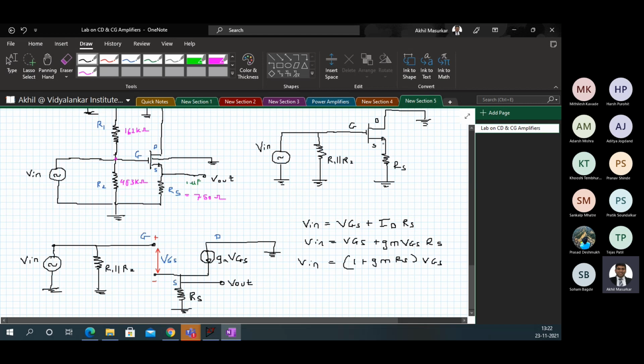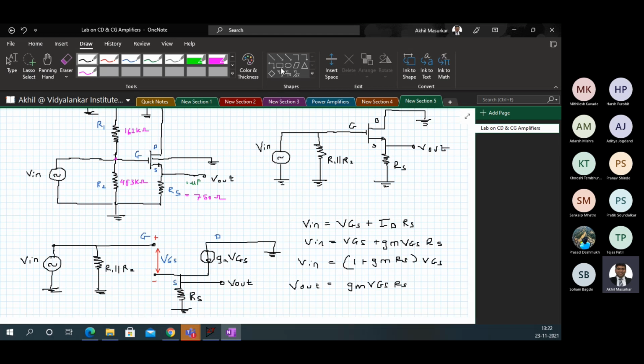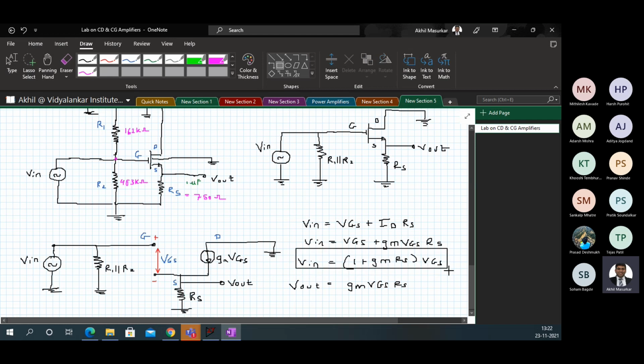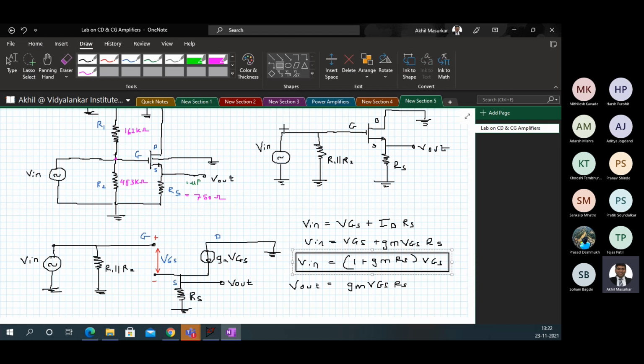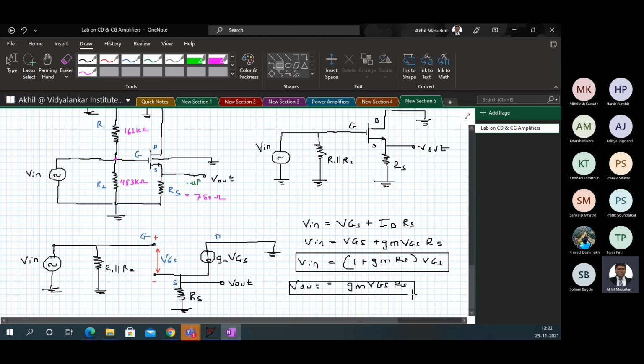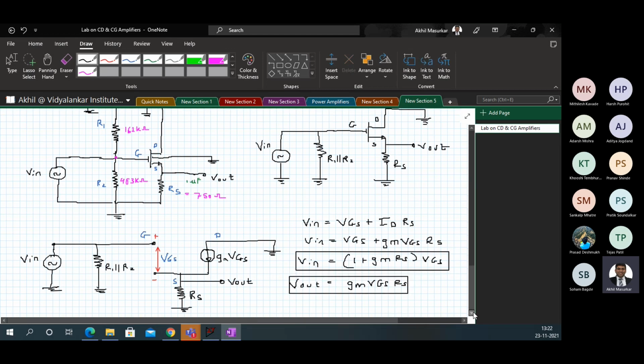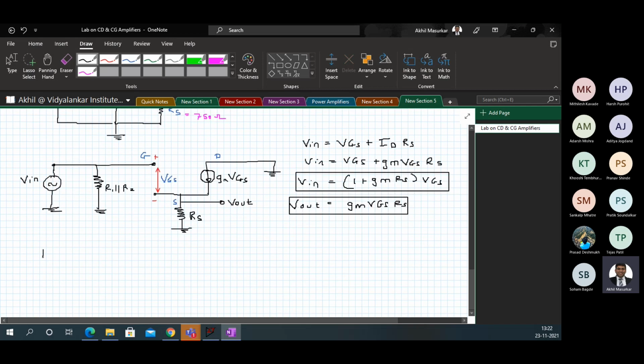And as far as Vout is concerned, Vout is simply the voltage across RS. So that is going to be GM VGS into RS. So here we have two equations, one of Vin and the other of Vout. And obviously we all know that gain is going to be Vout upon Vin.